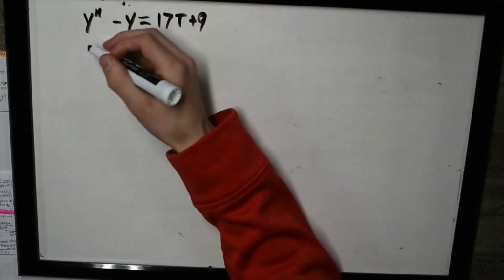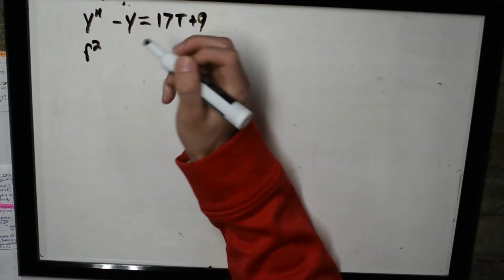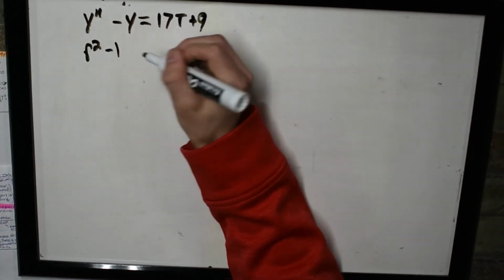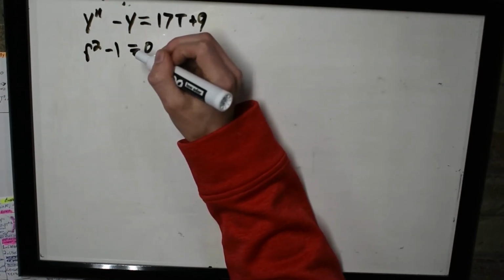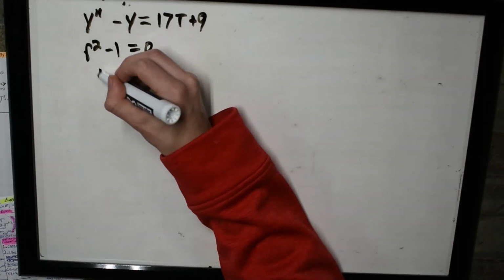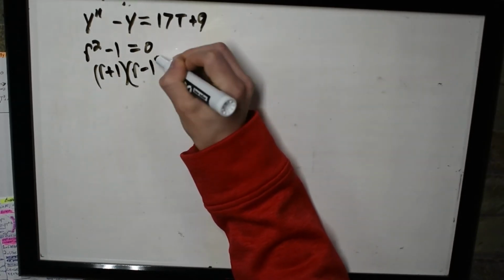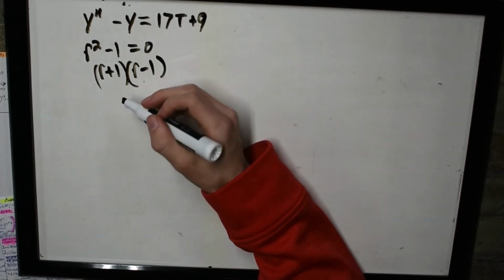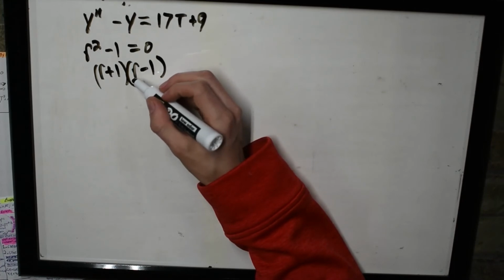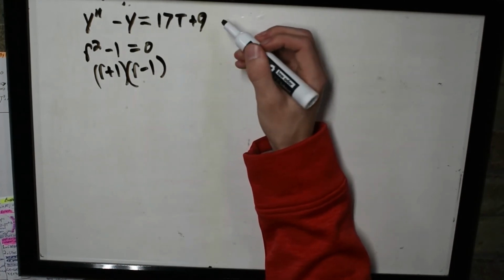Okay, like always, first step is to solve for the homogeneous equation. We get r squared minus 1 is equal to 0. Solving that, we get r plus 1, r minus 1. Well, since we have no e to the rt, there are no r's that will match. Even though we have r is equal to 1 and negative 1 down here, we have no e to the root t.